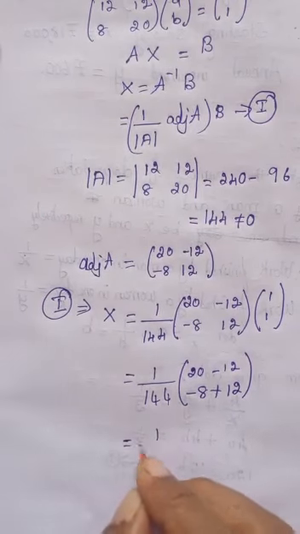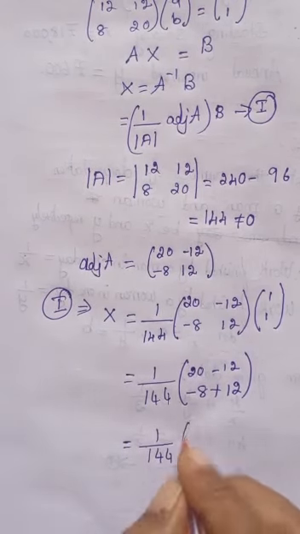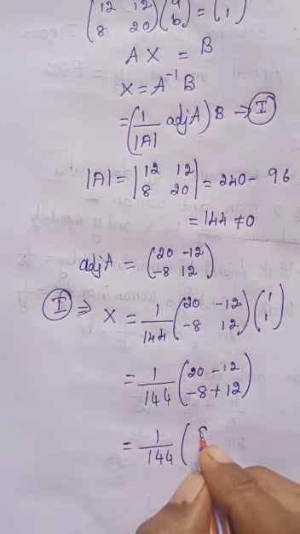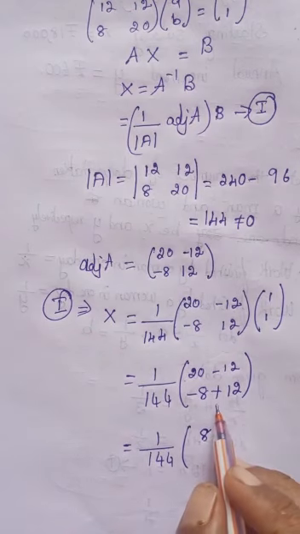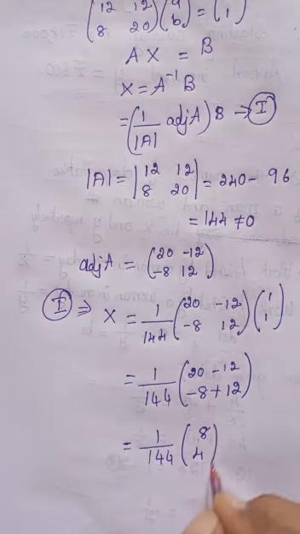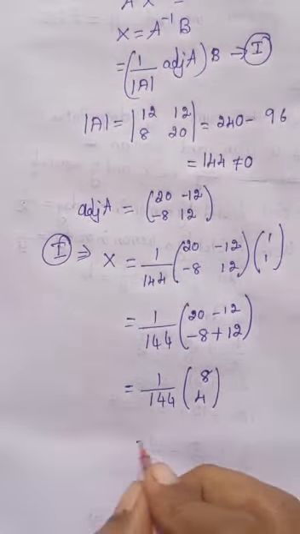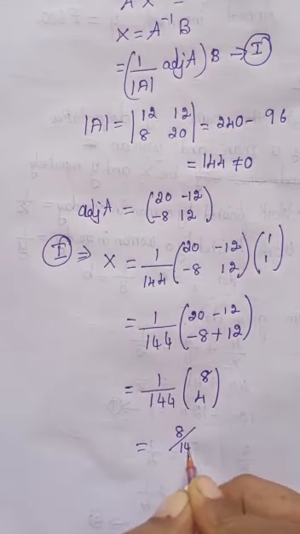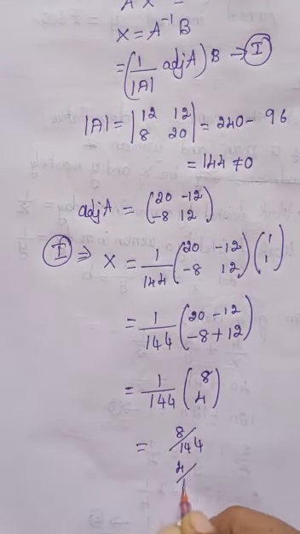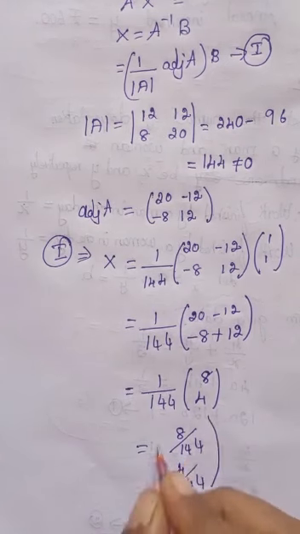So which is equal to 1 by 144 into 20 minus 12, 8, and minus 8 plus 12, 4. So that is 8 by 144 and this is 4 by 144.